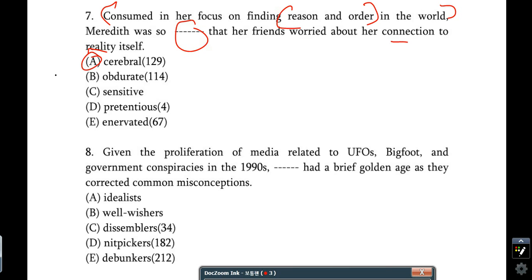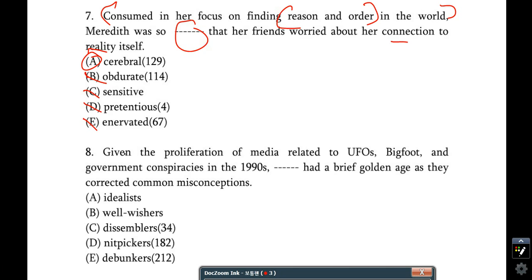That's thinking about thinking and being in one's head. Obdurate is stubborn, but has nothing to do with finding reason. Sensitive is possible, but sensitive doesn't have anything to do with reason. It's connected with emotion. Pretentious means arrogant, and we don't have arrogance there. And enervated means weakened, and that doesn't make sense in context either.